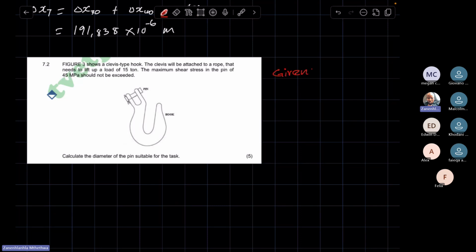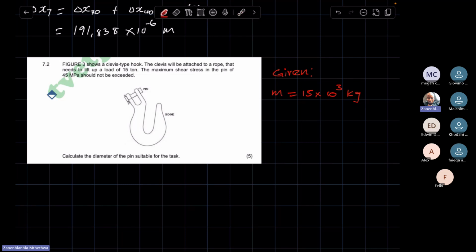Okay, let's see what you've been given. You have the mass that needs to be lifted. It is 15 tons, which is the same as 15,000 kilograms. The standard unit of measurement for mass is kilograms, so if you've been given the mass in tons, you always have to convert to kilograms. And 1 ton is equal to 1,000 kilograms.